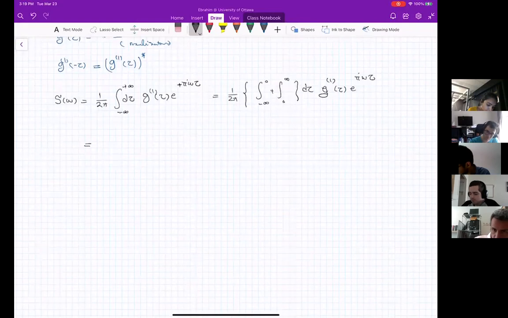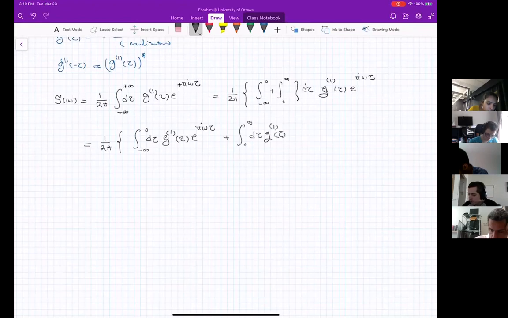And then breaking the integrals into two integrals, then you will get integral of minus infinity to 0 of d tau G1 of tau e power of i omega tau plus integral of 0 to infinity of d tau G1 of tau e power of i omega tau.